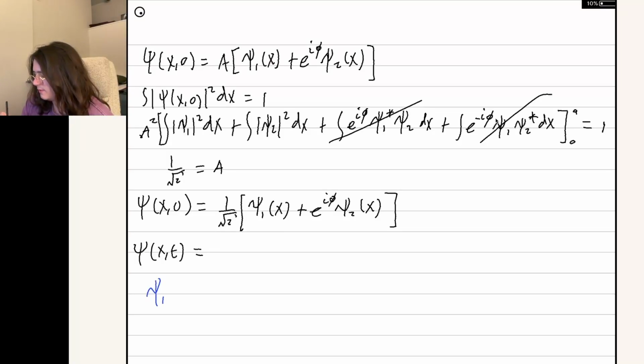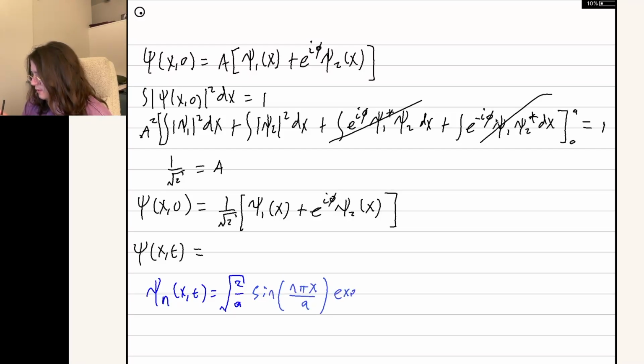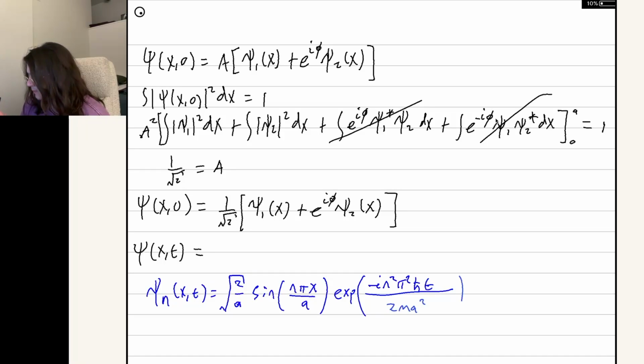That is the wave function psi n of x and t is equal to square root of 2 over a sine n pi x over a times this exponent e to the minus i n squared pi squared h bar t all over 2ma squared.